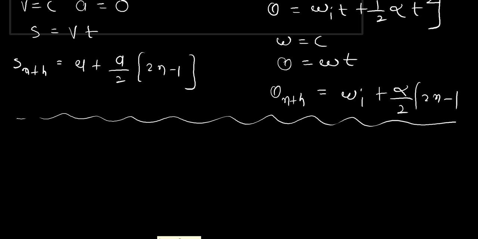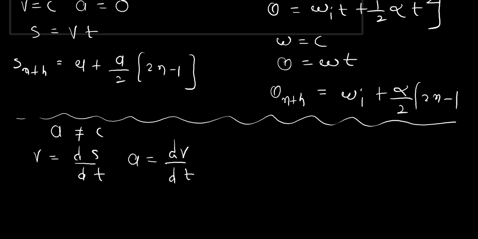Similarly, if acceleration is not constant, then what happens? If acceleration is not constant, then we have to calculate velocity using differentiation, ds upon dt, and acceleration is given by differentiation of velocity, or double differentiation of displacement.